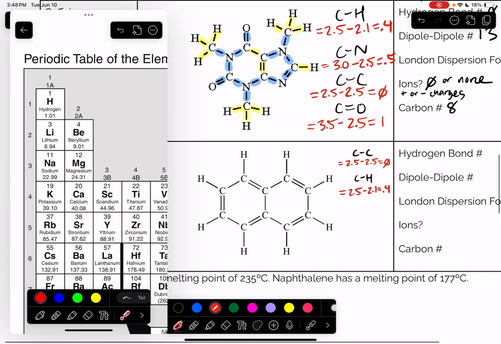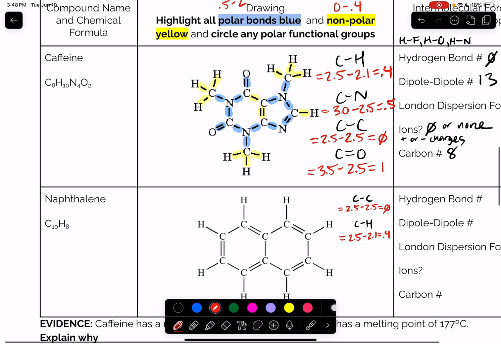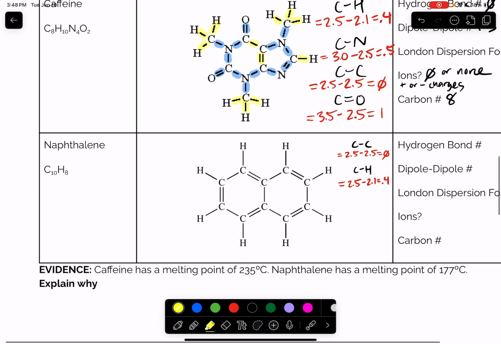So now I can highlight my polar and nonpolar bonds. For carbon-carbon, since that's 0, that's going to be nonpolar. And since the CH is a difference of 0.4, that's also going to be nonpolar. So I'm going to highlight all of these yellow, to show that they are all nonpolar.